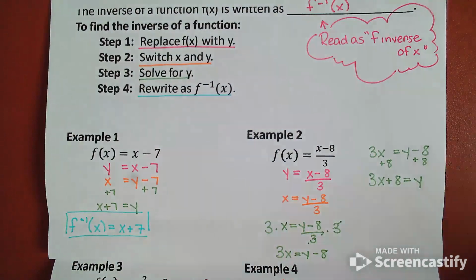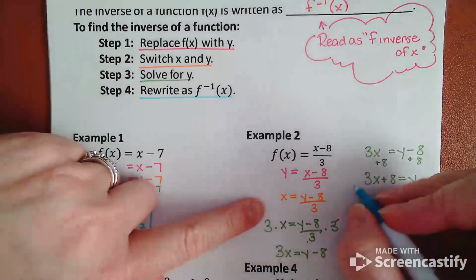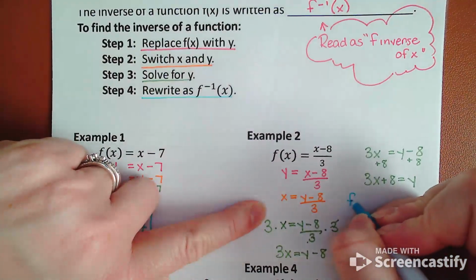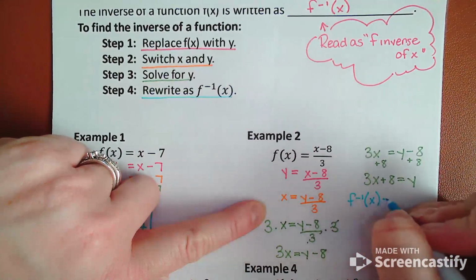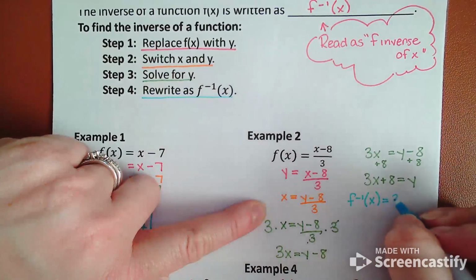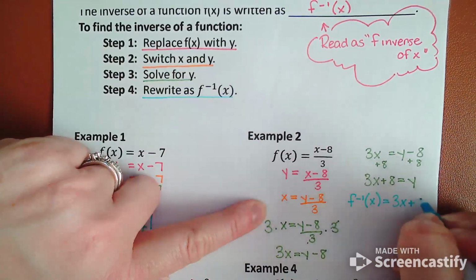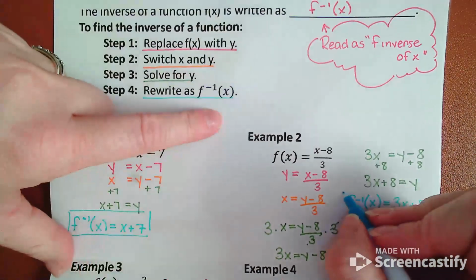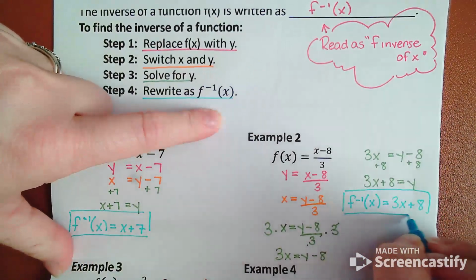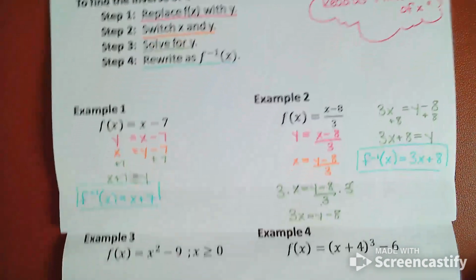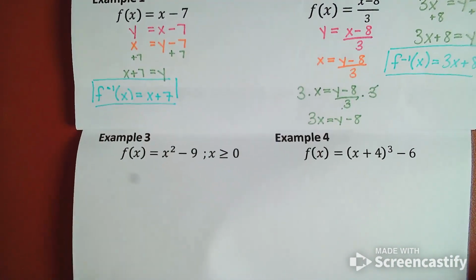We have finished solving. So we can go ahead and rewrite this using that function notation to denote it as the inverse of f of x. And what's the rule? 3x plus 8. There you have it. We've got just a couple more down here that I want to show you.